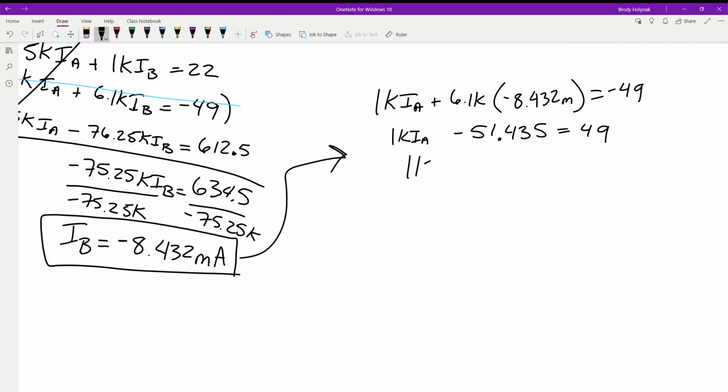So 1K IA equals 51.435, and we subtract out 49, and we get 2.435. We divide both sides by 1K.